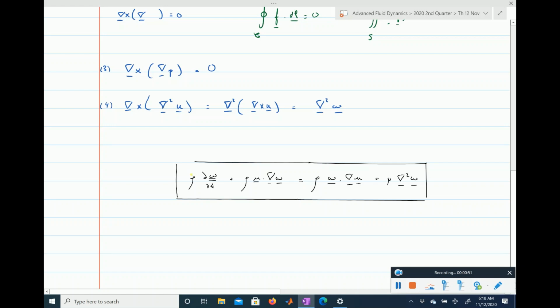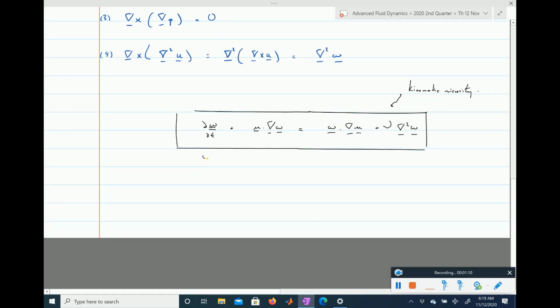Note that you can get rid of the rho's here, divide everything by rho, and then you have mu divided by rho, and that is the kinematic viscosity. Here, the kinematic viscosity.